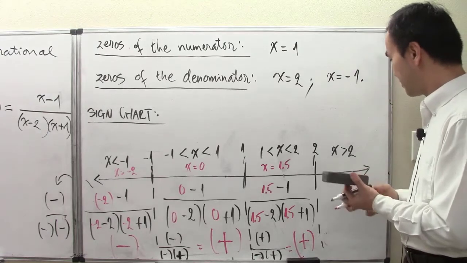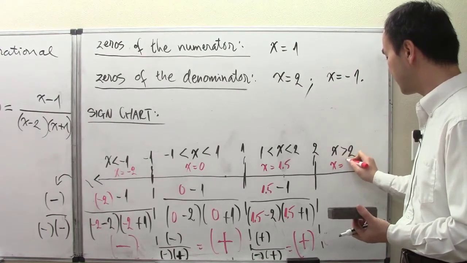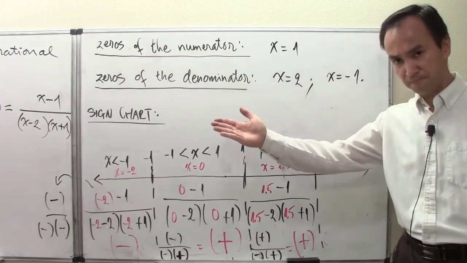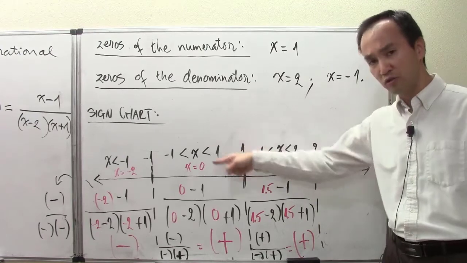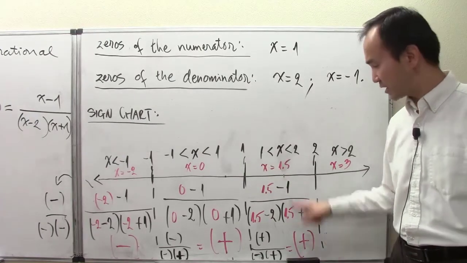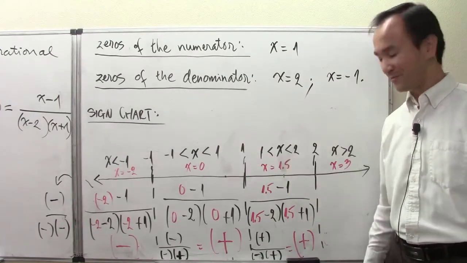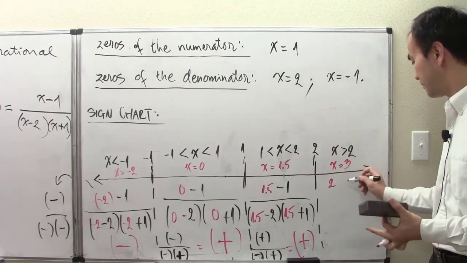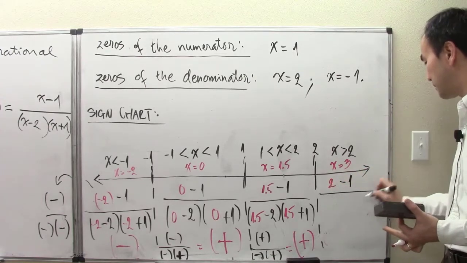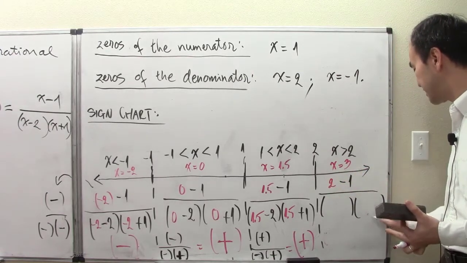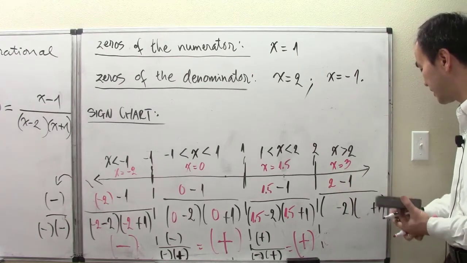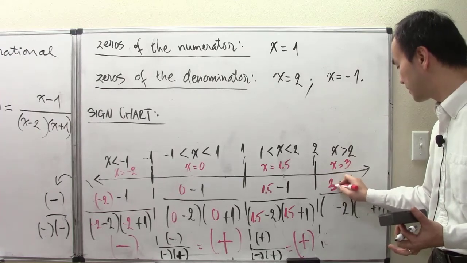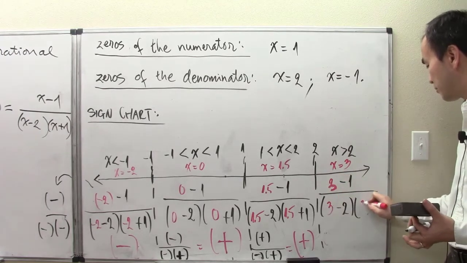Okay, and so now the last interval, we are so ready. So we can pick x equals 3. Anyone viewing along with the lesson can also pick your own try out values like that, as long as it's in this interval. And so now here I have 3 minus 1 divided by 3 minus 2, 3 plus 1.